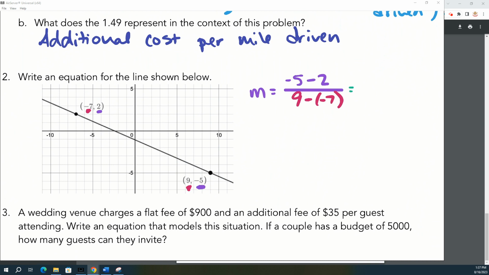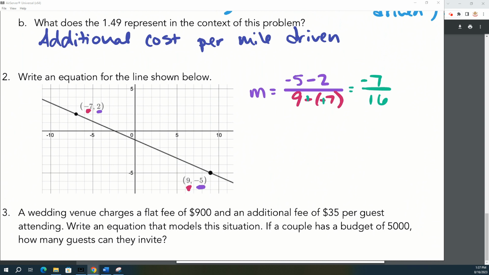Now, we don't like minus and negative, right? I would change that to plus and positive. You could do this in your head, or you could type it in the calculator. So it's like you owe $5 and you borrow $2 more, you owe 7. And then we're just adding in the denominator. So you can use the formula. If you're a formula person, you probably like it that way better.